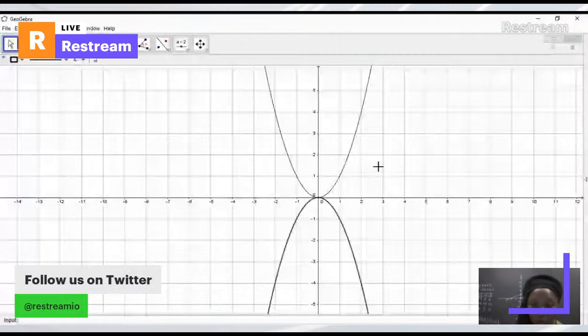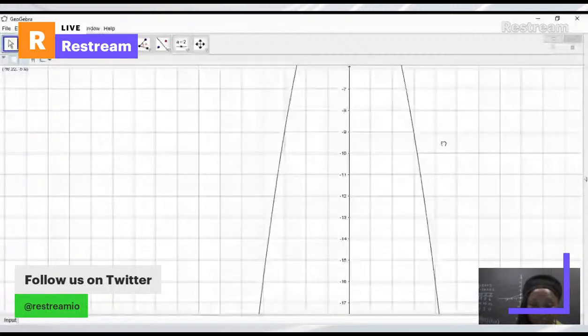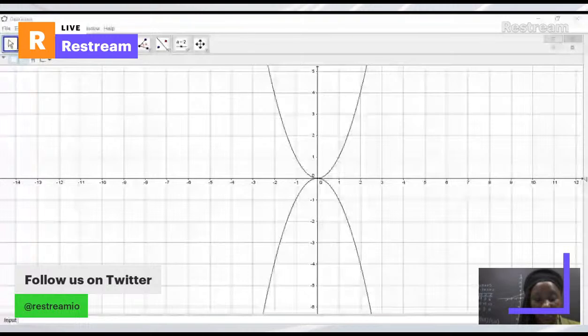Now you can scale down and zoom out on GeoGebra. Just click and it will zoom in. Download it and play around with it. GeoGebra is free to download on your laptop. See what you're able to do.